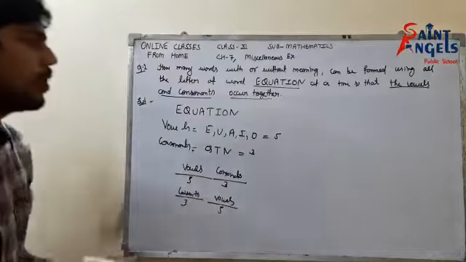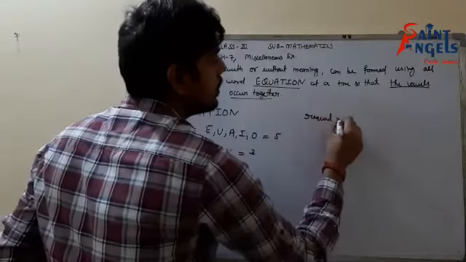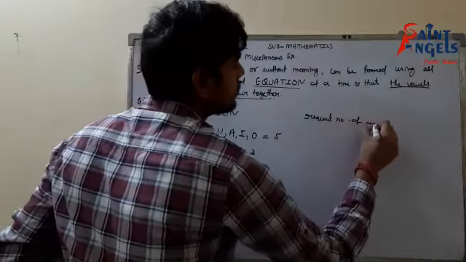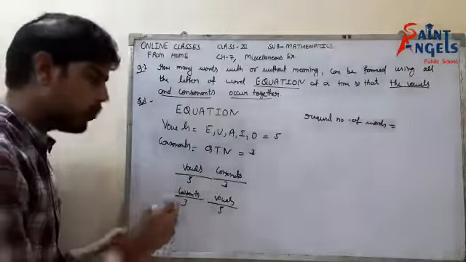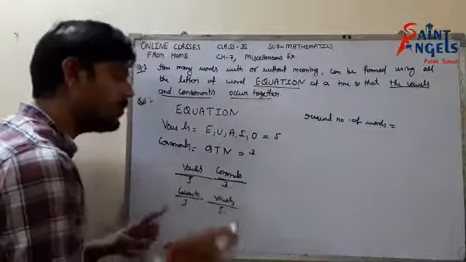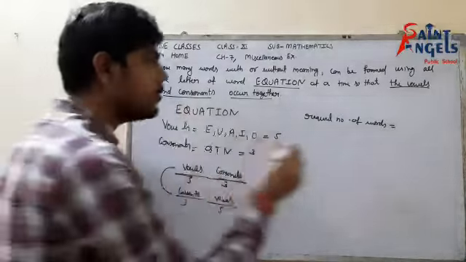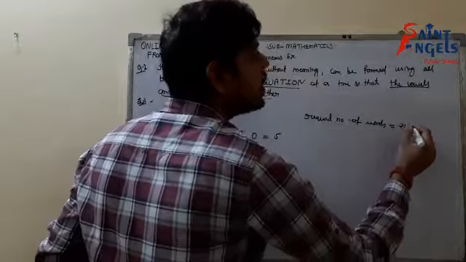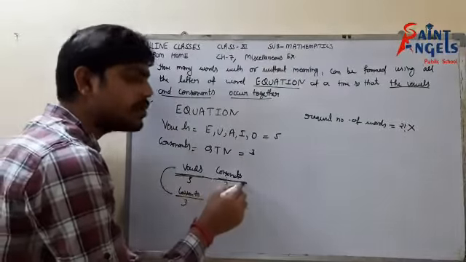So the required number of words would be equal to, first of all, we have two groups, vowels and consonants, and we can arrange these two groups in two factorial ways. Now again, we have five vowels and three consonants.